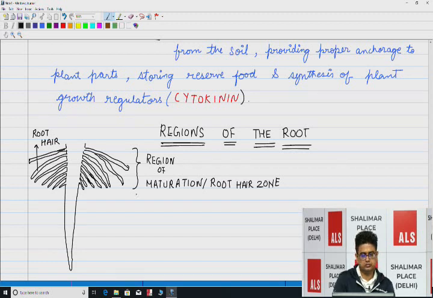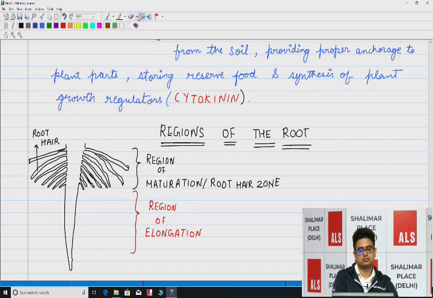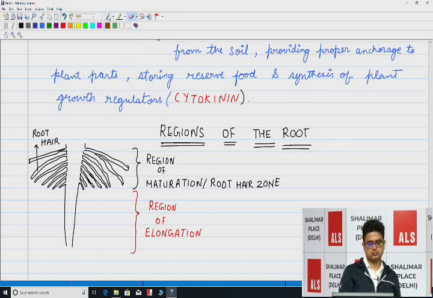Then is the second zone. It is called the region of elongation.